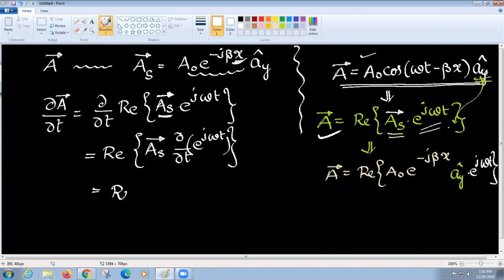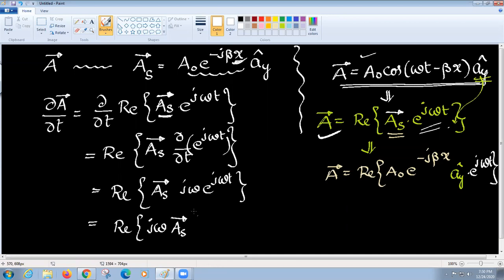You get the real part of A_s, and dou by dou t of e power j omega t is nothing but j omega e power j omega t. That means I can say this is the real part of j omega phasor vector, multiplied by e power j omega t, and this is what dou A by dou t is.